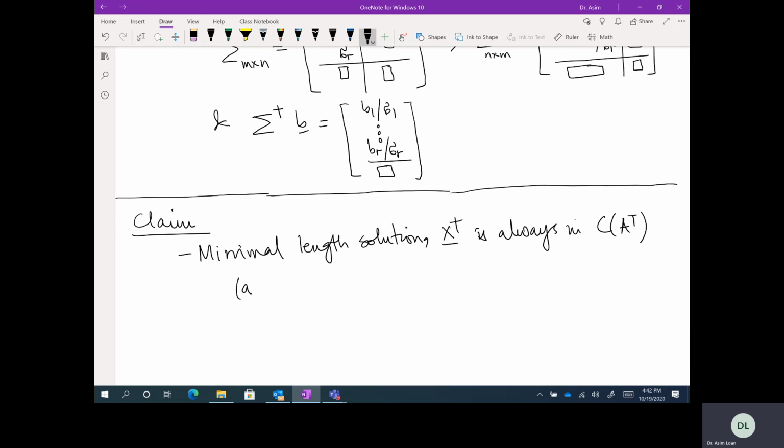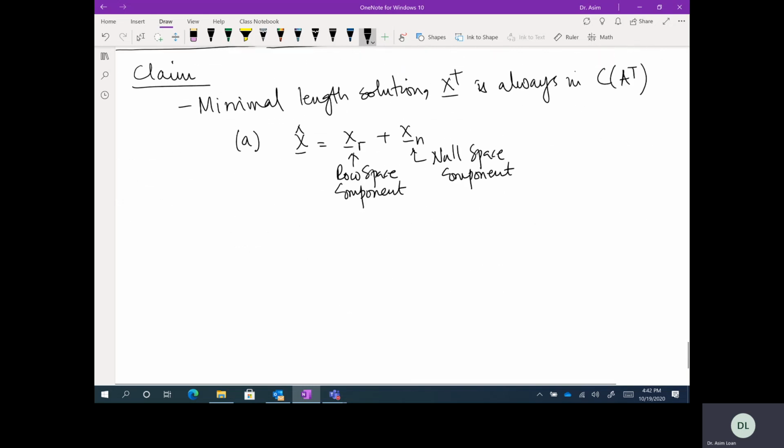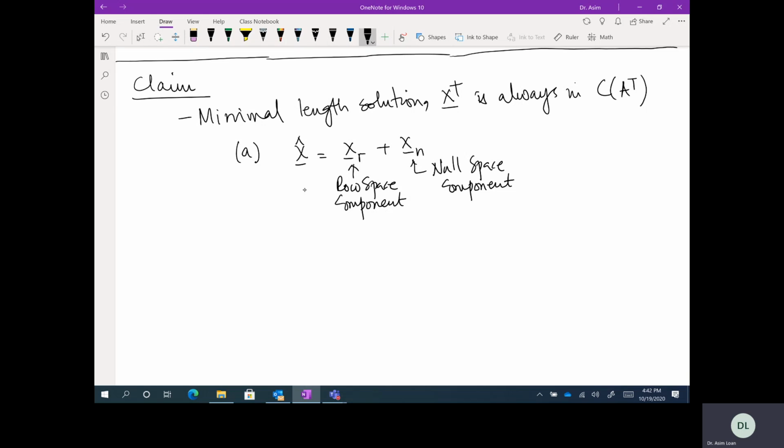How? If we say x hat equals xr, the row space component, plus xn, the null space component, and I multiply both sides by A transpose A, then I have A transpose A x hat equals A transpose A xr plus A transpose A xn.